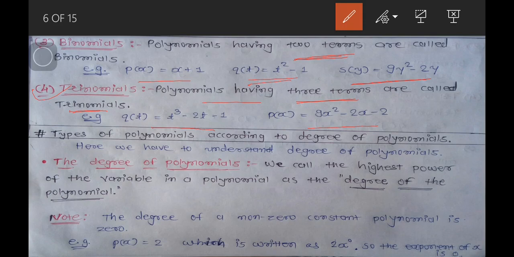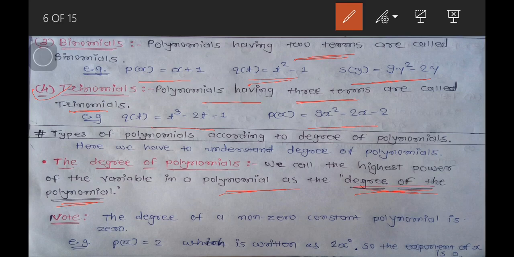We call the highest power of the variable in a polynomial the degree of the polynomial.